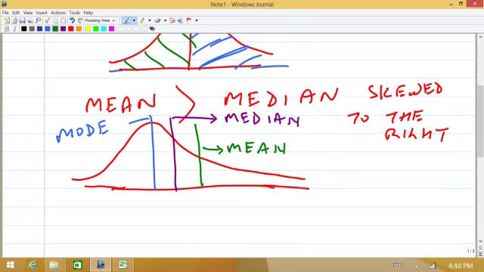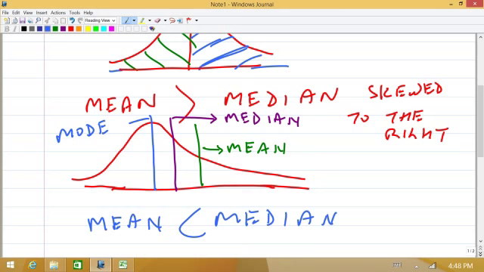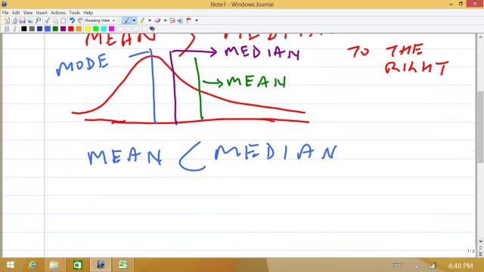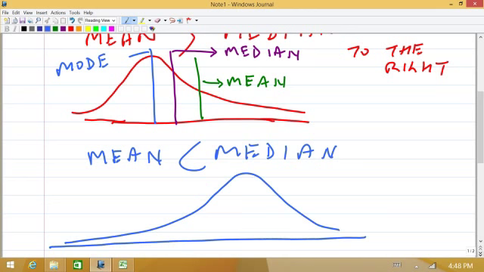However, when mean is less than median, the graph is skewed to the left. In that case, how is the graph going to look?